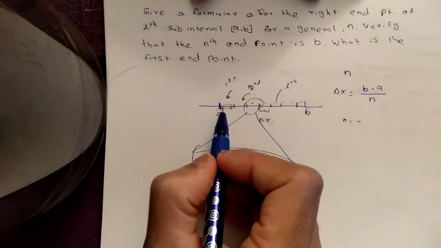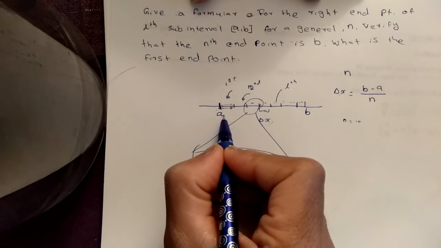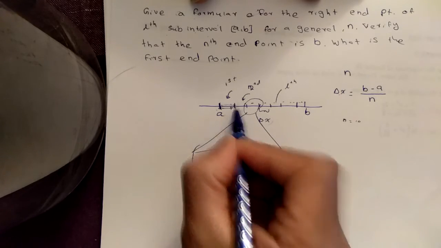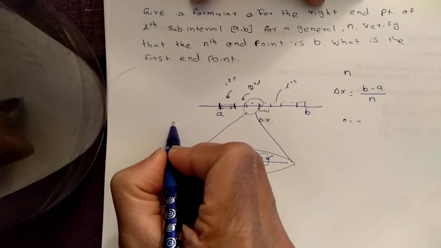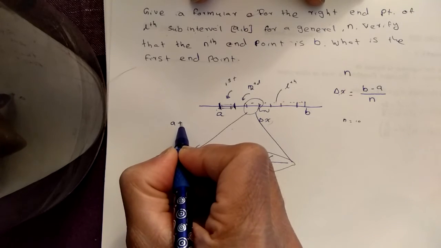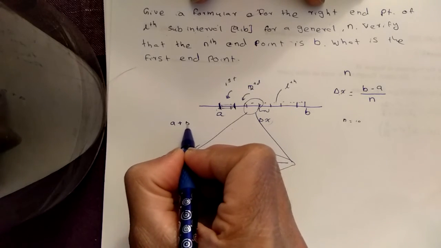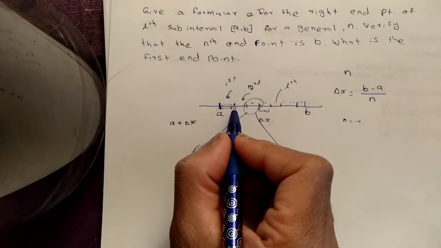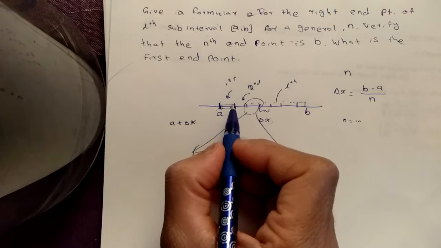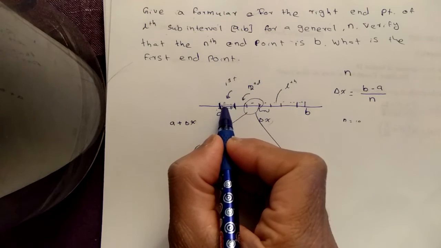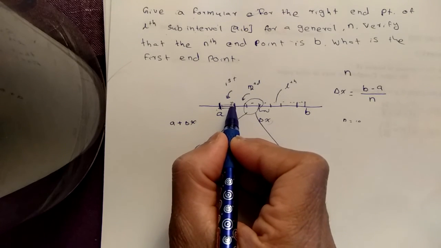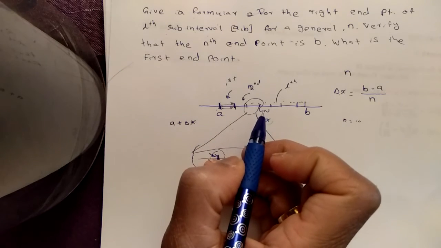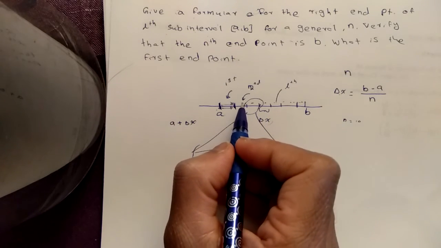Or in other words, if we add delta x to A, we reach the first landmark. This is our first subinterval and this is the right endpoint of the first subinterval. Then, how about the second one?